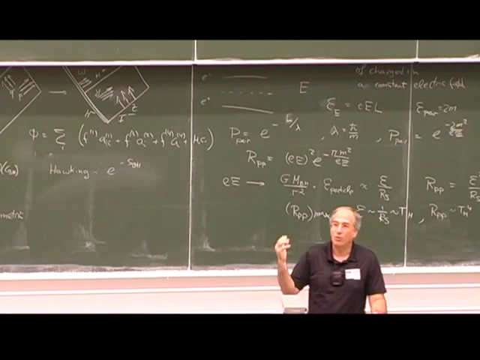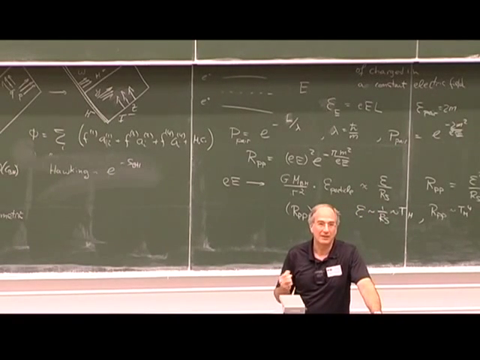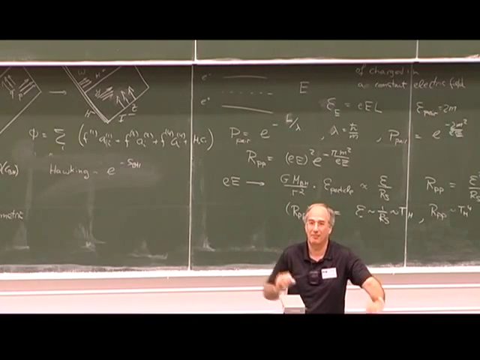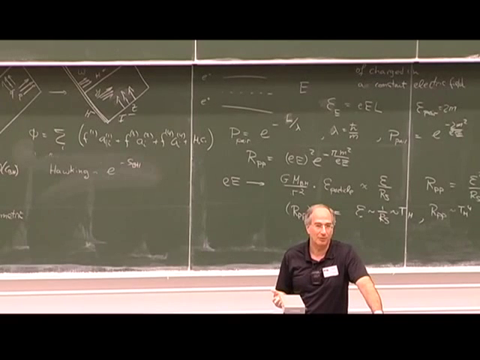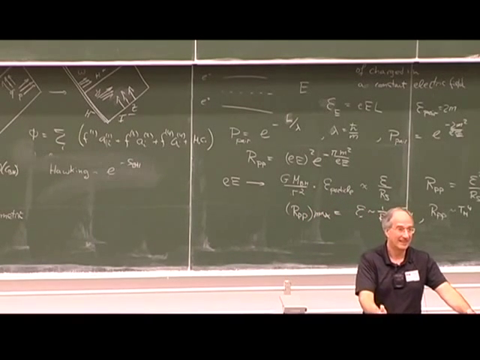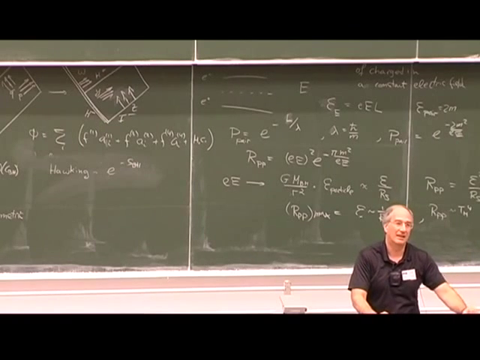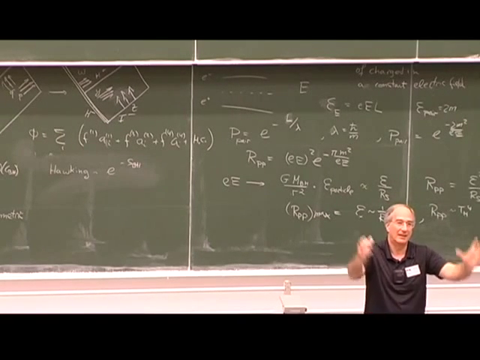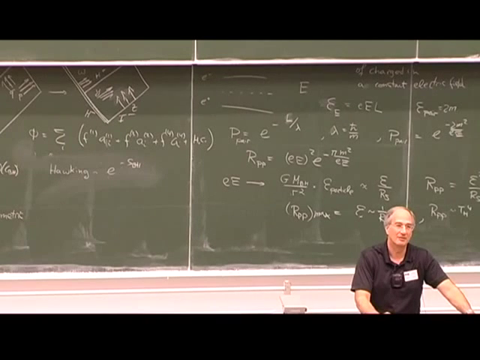Now, how would a test particle in this type of background move? Any idea? If it were just a single classical mass, how would the test particle move? This you should know. Very good. On a geodesic, right? Of course. But now what happens if I have a state which is a superposition?